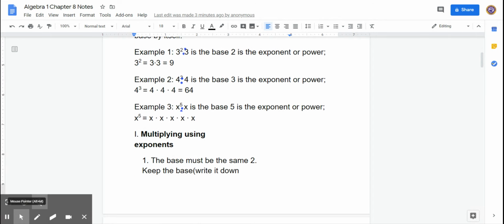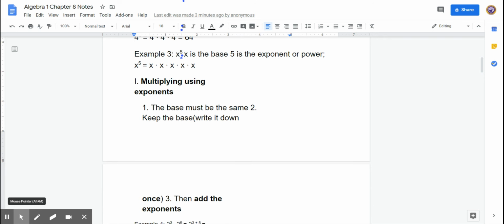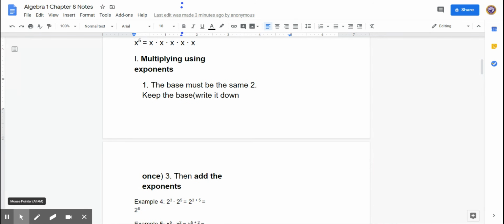So there are some rules, some steps. The steps for multiplying with exponents: step 1, the base must be the same. Step 2 is keep the base and write it down once. Step 3, add the exponents.